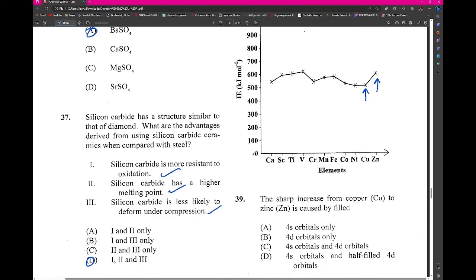We're seeing that the ionization energy increases sharply, and we're saying this is caused by 4s orbitals only, or filled d orbitals only, or the 4s orbitals and a half-filled 4d orbital? I don't think it reaches 4d as yet, and it wouldn't constitute that because zinc would already have a full d subshell. So I think it would be the orbitals.